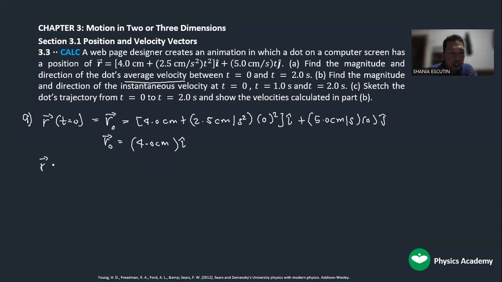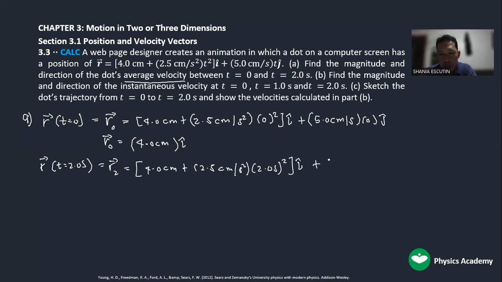When t is equal to 2.0 seconds, we call this r2. So we have 4.0 centimeter plus 2.5 centimeter per second squared, multiplied by 2.0 seconds, then we square this, i hat, plus 5.0 centimeters per second multiplied by 2.0 seconds, j hat.